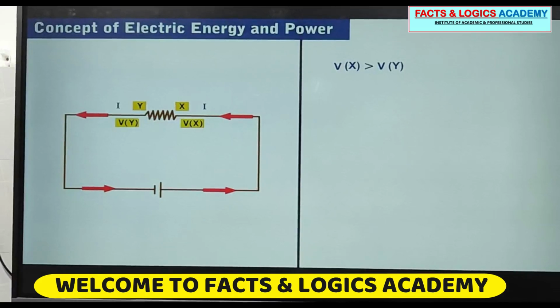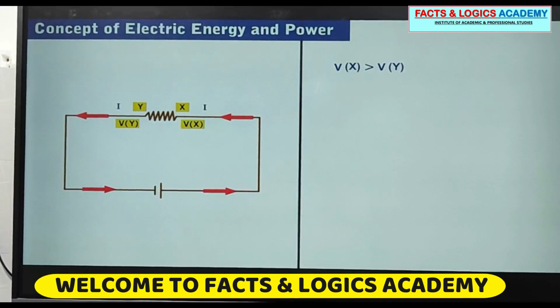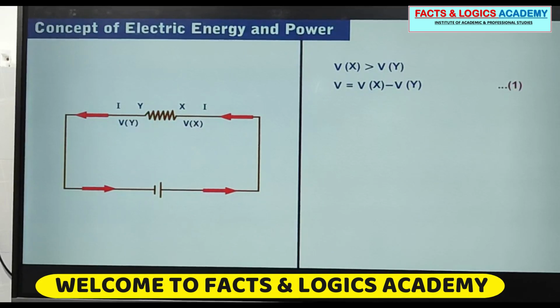As the current is flowing from X to Y, the voltage at X is greater than the voltage at Y. The potential difference V between the points X and Y is expressed as V is equal to Vx minus Vy. Let us label this as equation 1. As Vx is always greater than Vy, V will always be greater than 0.